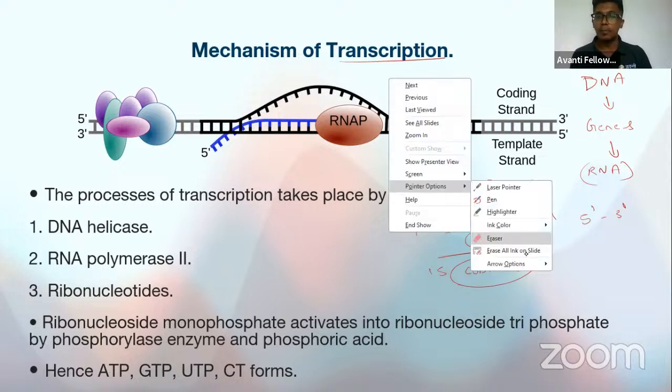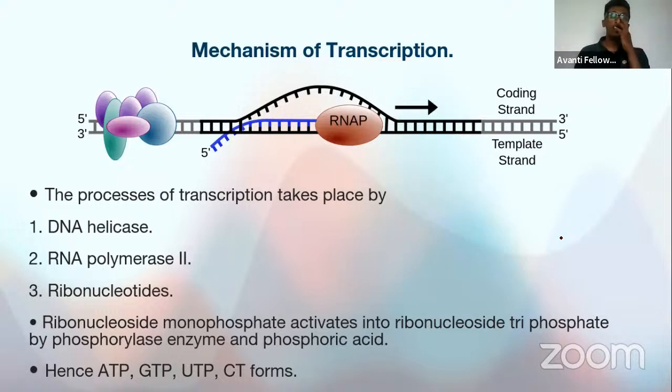Now let's understand the mechanism of the transcription process. In transcription, we have to manufacture a new mRNA or RNA sequence. For the synthesis of an RNA, there are some prerequisites.